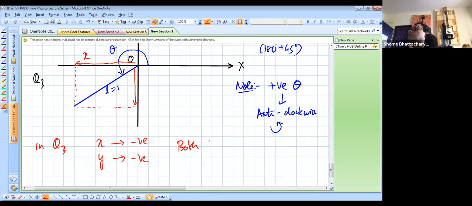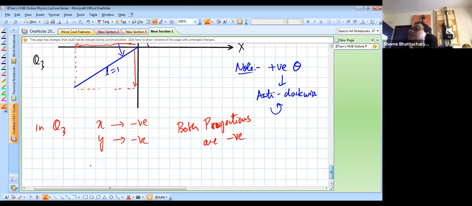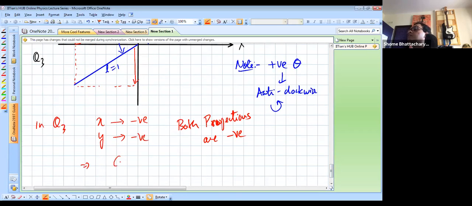Both projections are on the negative side. So what does that mean? Cos theta is a negative quantity. Sin theta is also a negative quantity, which is why the ratio of sin and cos becomes positive.